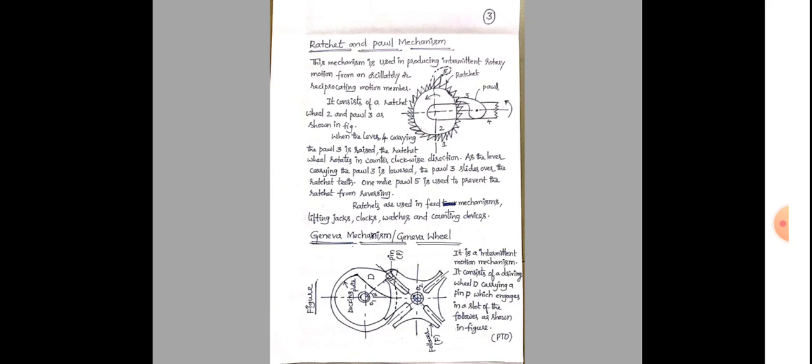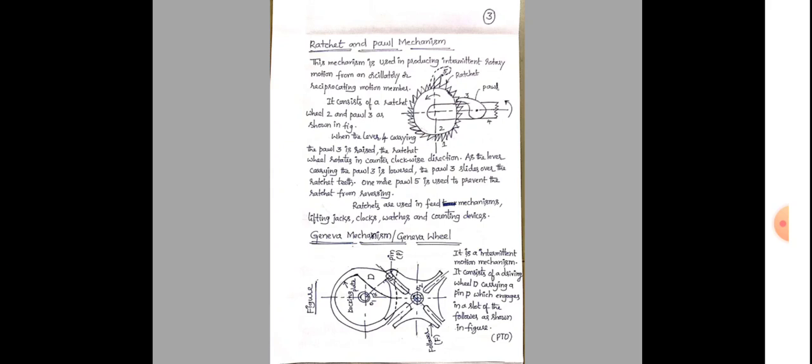So that mechanism is called a ratchet and pawl mechanism. It consists of a ratchet wheel, which is 2, and pawl is 3, as shown in the figure.